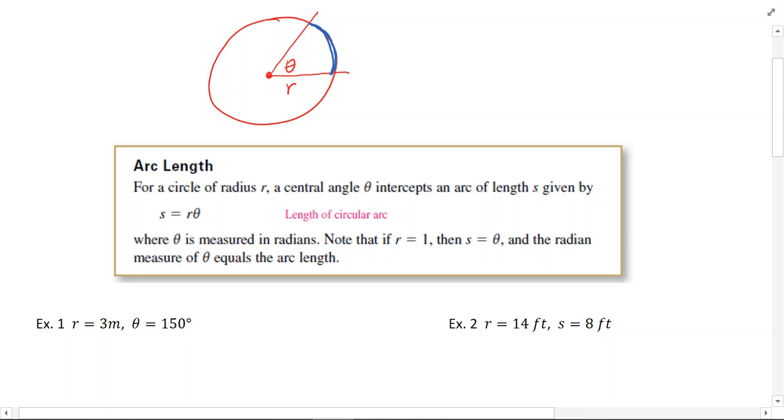So what we're looking at here is the length of an arc that is subtended, or intercepted, by an angle of theta, and we have a circle of radius r.